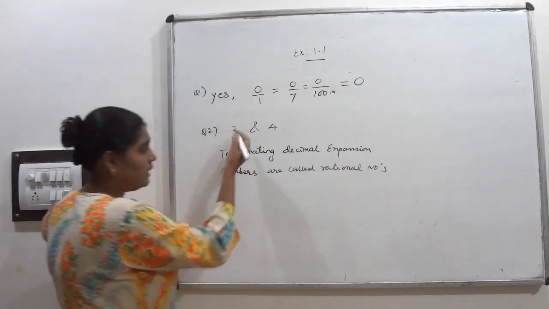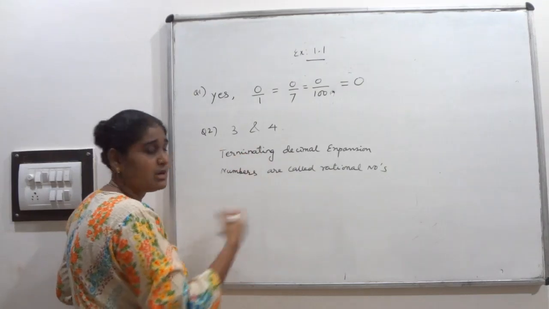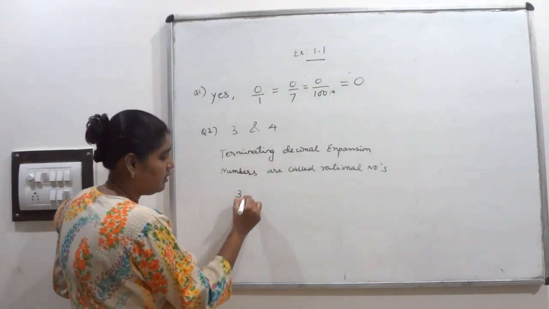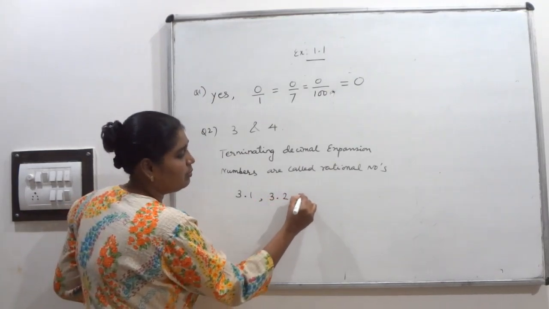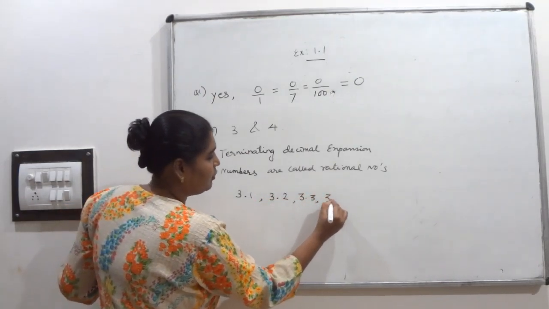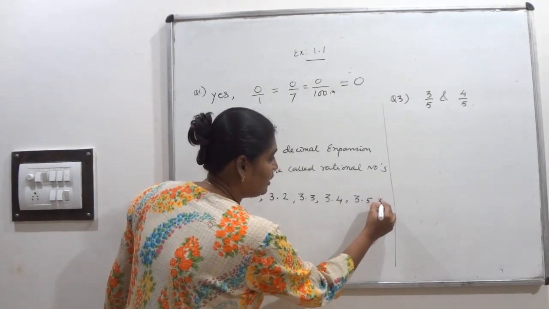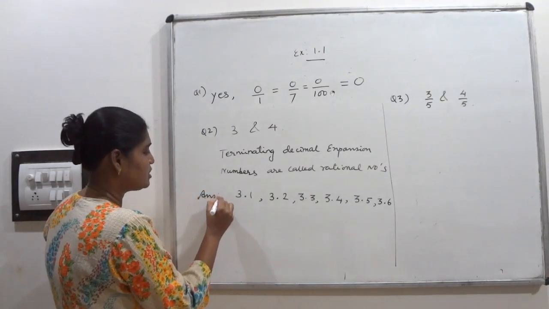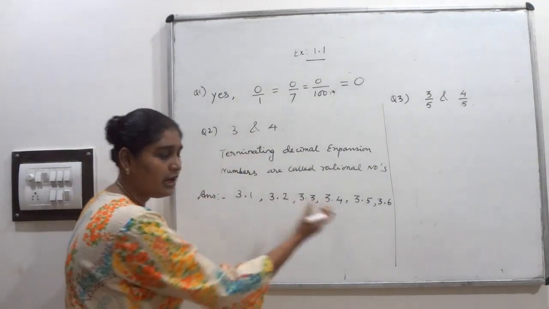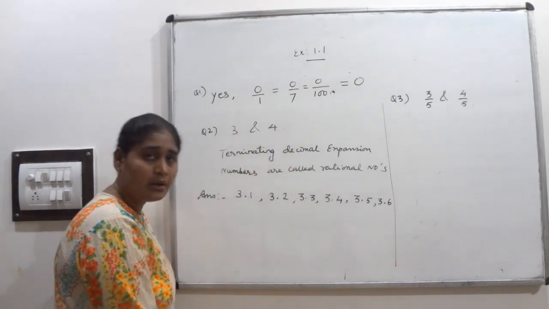So we can write like that between 3 and 4. What are the terminating decimal expansion numbers there? See, 3.1, 3.2, 3.3, 3.4, 3.5 and 3.6. These are the 6 rational numbers between 3 and 4. Any numbers you can write, they should lie between 3 and 4.